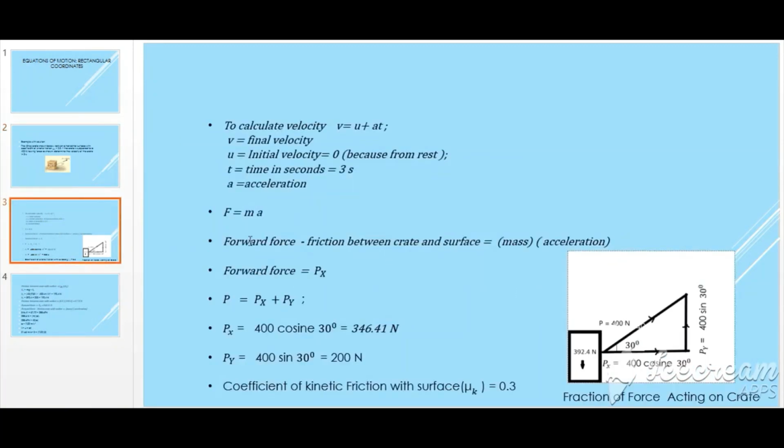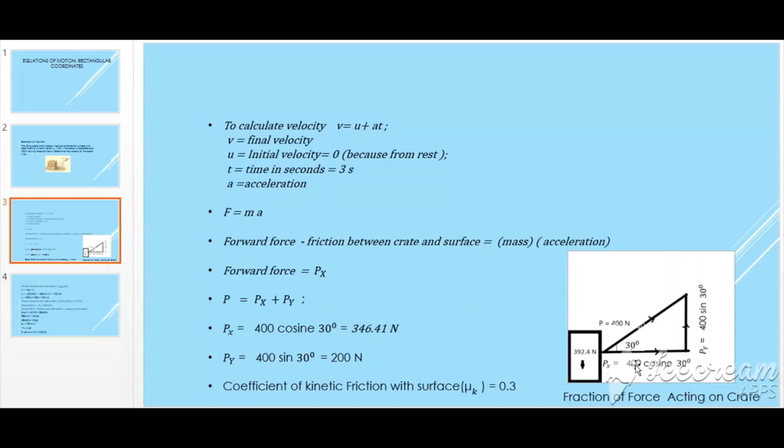So forward force minus this friction force equals mass times acceleration. So we have to identify the forward force and also the friction between the crate and the surface.